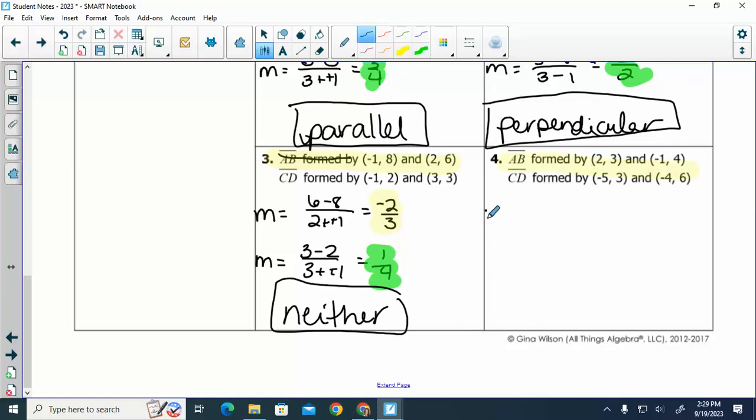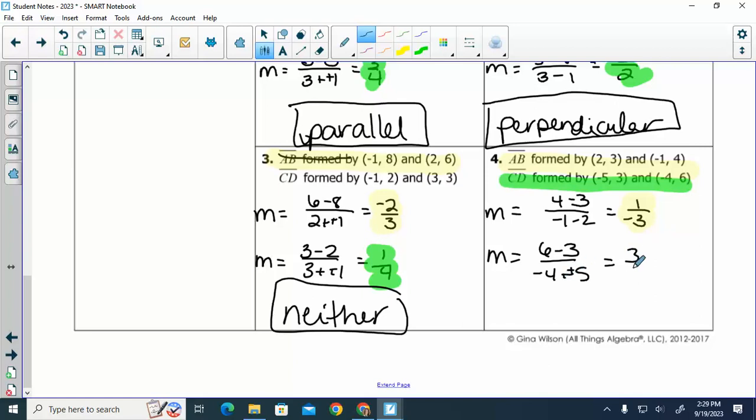Last one here. So first slope, 4 minus 3 over negative 1 minus 2. So you get 1 over negative 3. So what would the slope of a line perpendicular have to be? We do the other one. y2 minus y1 over x2 minus x1.